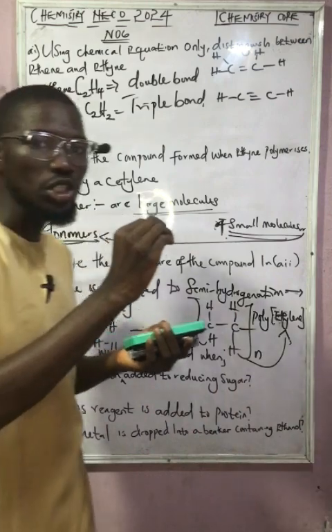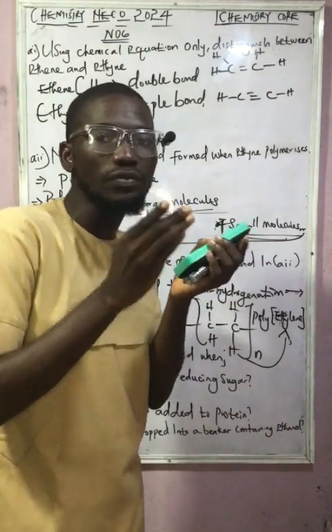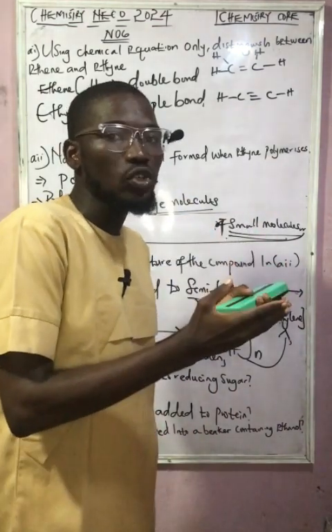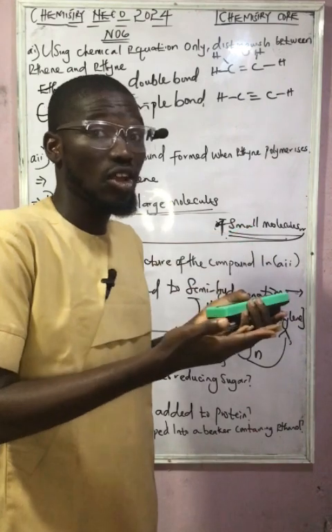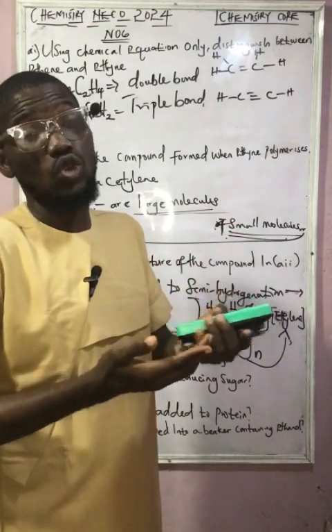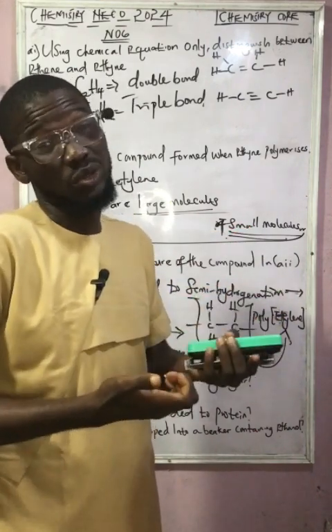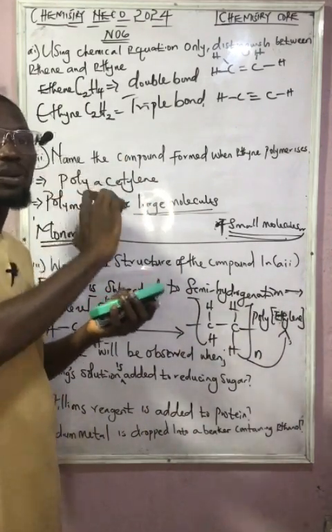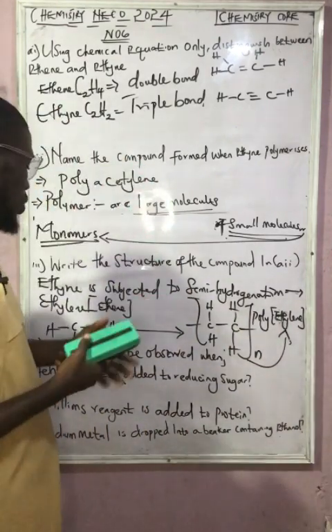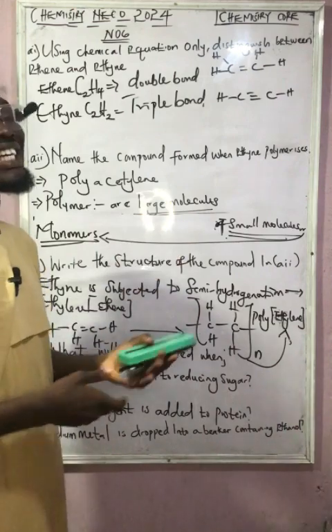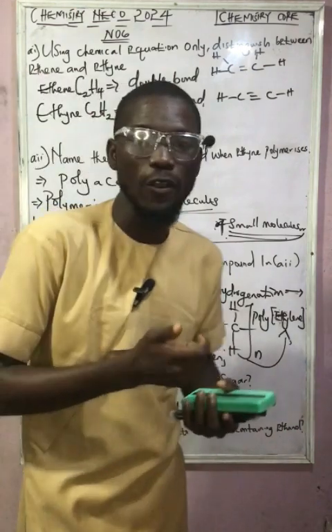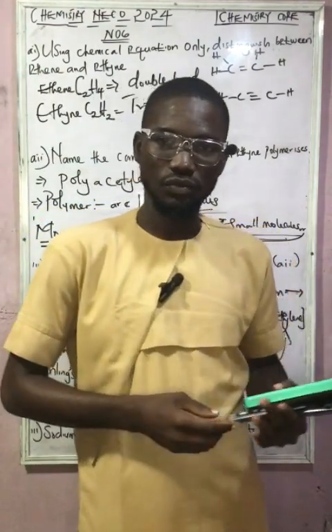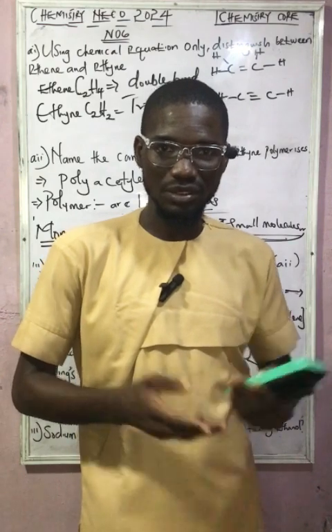That can be that of the aldehyde, which we all know as alkanal, or we have ketone, which we all know as what? Alkanone. And if those two undergo complex formation when Fehling's solution is added to a reducing sugar, it will change the color to red. Is that clear now? That's the secret.